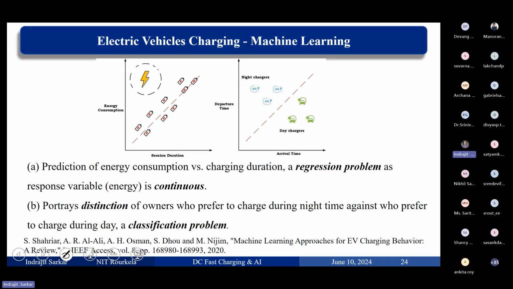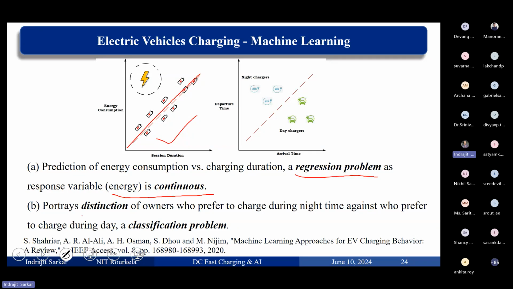Here we have taken two examples. In one, the battery is charging and consuming power from the source, and we look at the duration of charging. The battery SOC is increasing and it is consuming power, so this is continuous. That is why it is a regression problem. The response variable is energy, the consumed energy, and it is continuous.